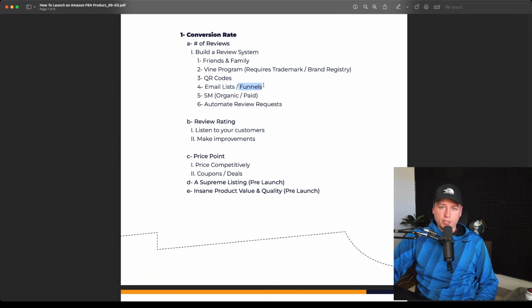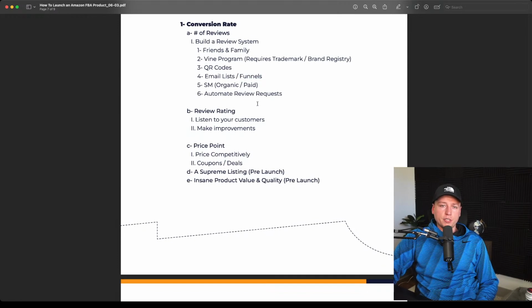Funnels are just like a special website. Essentially, you can lead them through there and get their email, and give them whatever it is that spurred them to put their email in, to collect those.